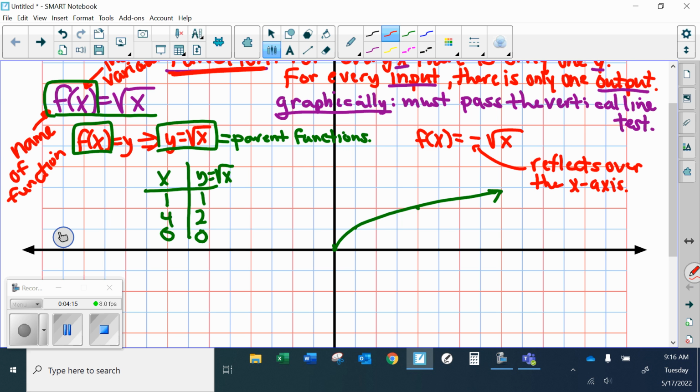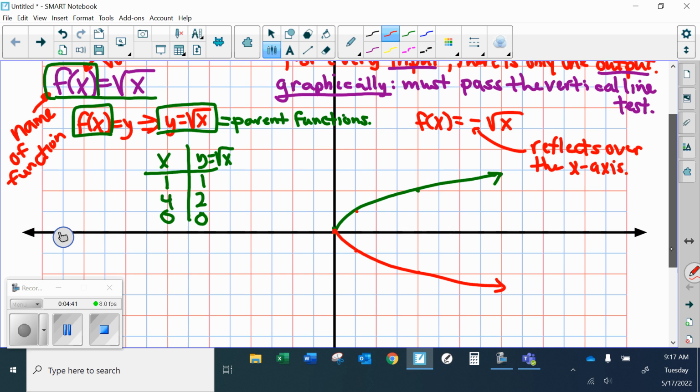So (0, 0) reflects right back on itself. (1, 1) becomes (1, -1), and (4, 2) becomes (4, -2). So there is the negative of the square root of x. It just reflects it over the x-axis. So that's one transformation. That's a reflection over the x-axis.